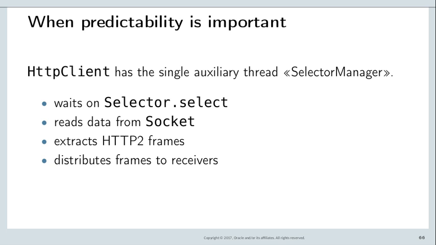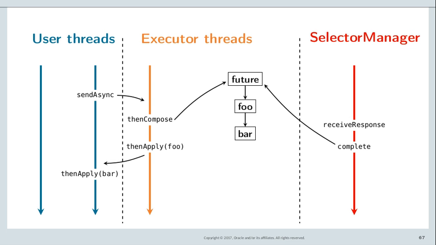Our main, very important thread for HTTP client is called selector manager. And its goal is to read data from socket and distribute decoded frames to HTTP receivers. So let's imagine what we have here. We have a future, our future, which should awake subsequent chain execution.